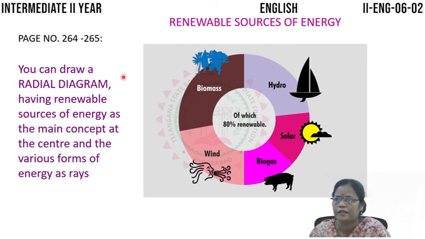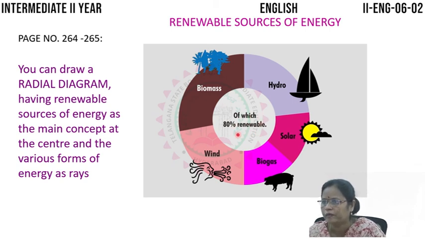Next, the last one, a diagram passage given in page number 264 to 265, and that passage is on renewable sources of energy. Okay, and the main concept should be at the center and various forms of energy as rays. For example, this is the energy available, of which 80% is renewable, that will be in the center, and the other forms of energy can be projected in the form of rays.